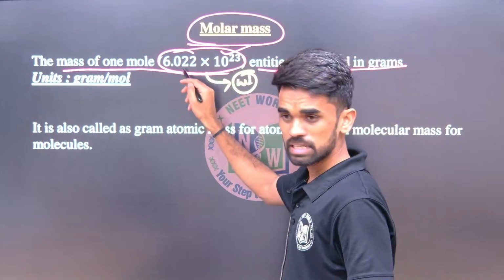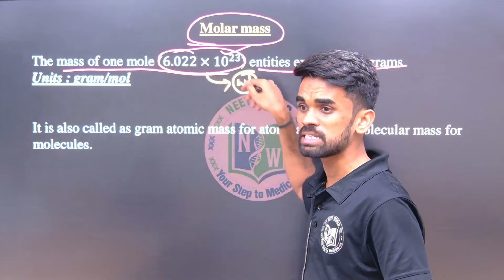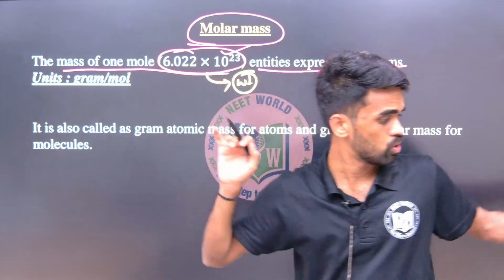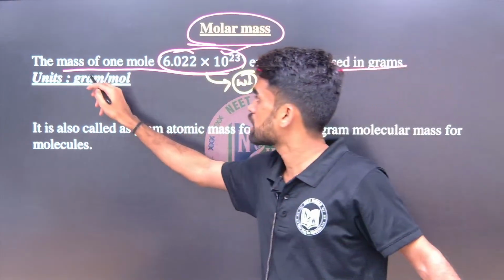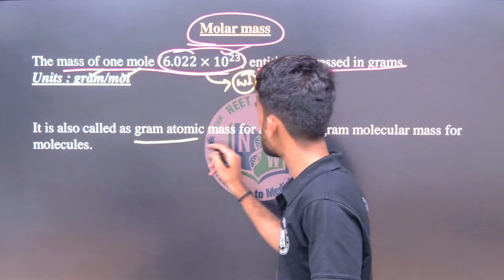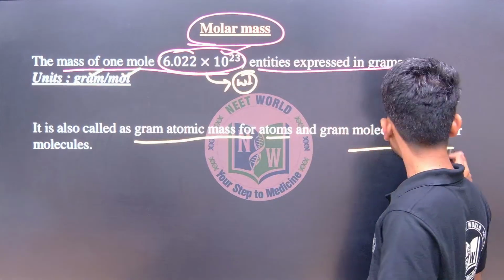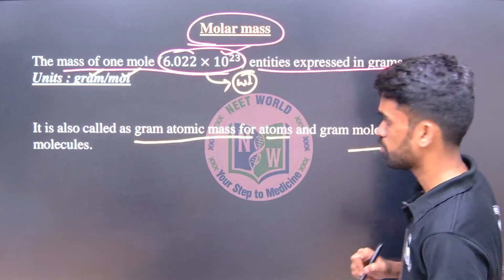So the mass of 1 mole of any substance is called its molar mass. Molar mass units are gram per mole. It is also called gram atomic mass for atoms, and gram molecular mass for molecules.